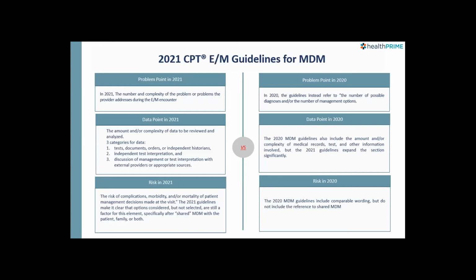Risk in 2021, the guideline makes it clear that the options considered but not selected are still a factor in this element, and specifically after a shared medical decision making with the patient, family, or both. The 2020 medical decision making guidelines include comparable wording, but do not include the reference to shared medical decision making.